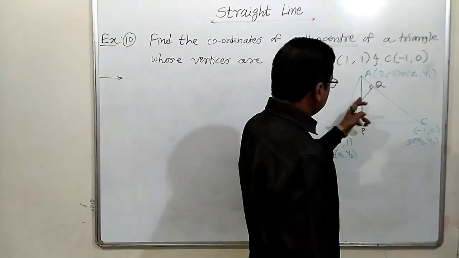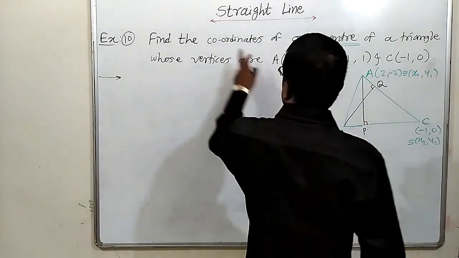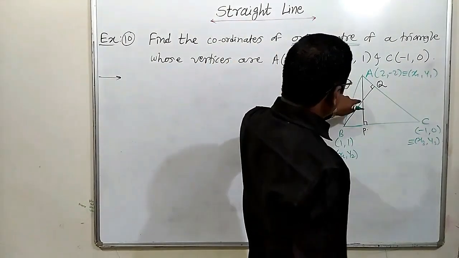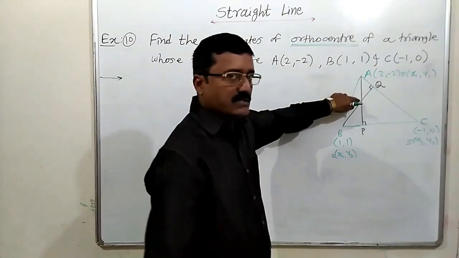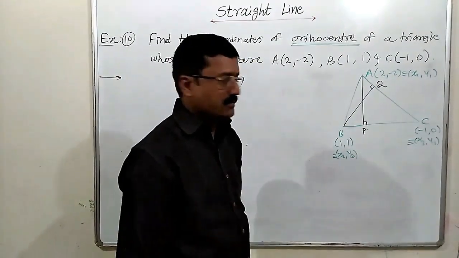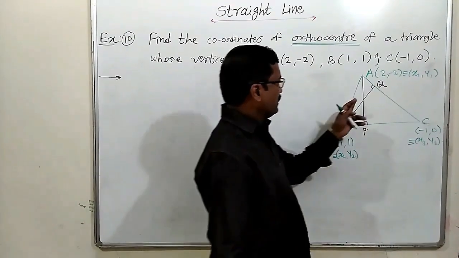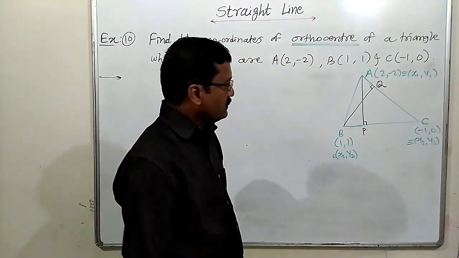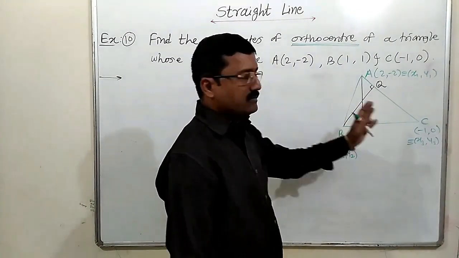We know that the third altitude passes through this point, and we want to find the coordinates of the orthocenter. So the coordinates of the orthocenter mean the point of intersection of these two lines or three of the altitudes. But we can find the point of intersection by using at least two lines. So there is no need to draw the third altitude here.